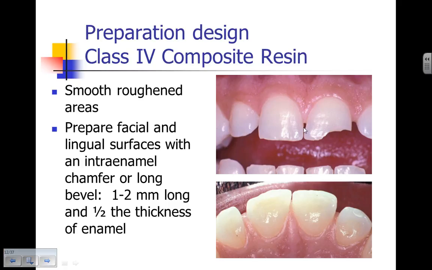So the enamel preparation gets narrower, thinner, less wide, buccolingually as we move towards the cervical. We need to be very wary to maintain the enamel. Enamel is our most retentive interface with adhesion.